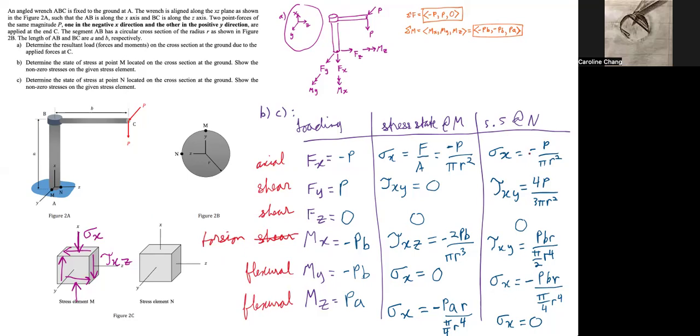On the stress element N, we note that we have axial stress in the x direction, and they're also both negative, so we can simply add them to get compression, which matches our stress element at M for the axial one, which is what we would expect since axial stress is constant everywhere. What about for our shear stress? Well, we have tau xy for both, and both of those are positive.